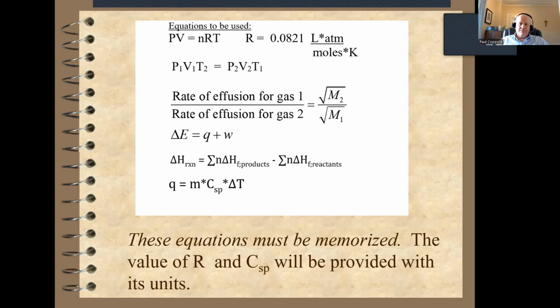If they're coming into the system, positive. And then here is the heat of enthalpy equation. Although it looks complicated, it's not. And then Q is equal to MC delta T. Again, the value of R will be given, and the specific heat will be provided, both with their units. The units are very informative to you.